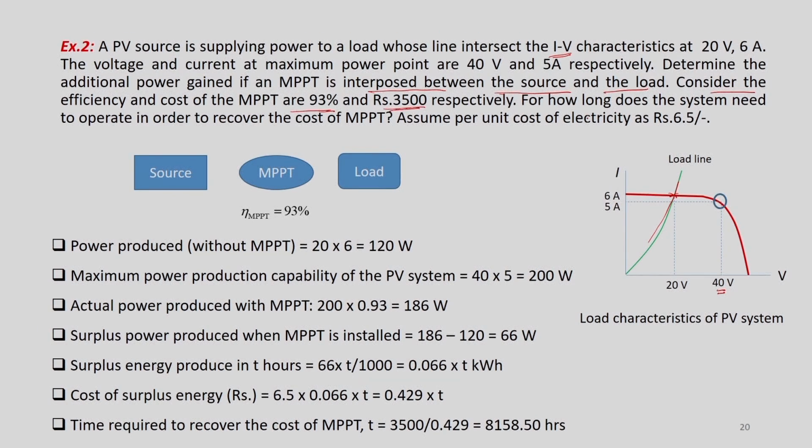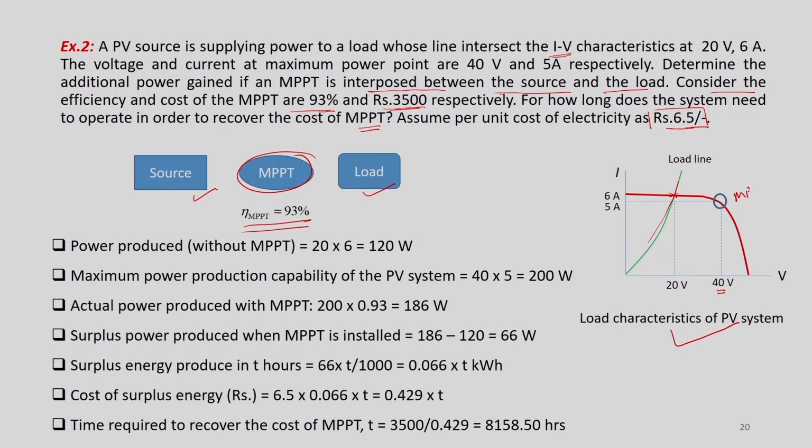We also need to calculate how long the system needs to operate in order to recover the cost of the MPPT. The electricity cost per unit of rupees 6.5 needs to be considered. The configuration is: we have the source, the load, and in between the MPPT with efficiency 93%. Load characteristics are given here and all the values are given. Now, the power produced without MPPT, if we are not imposing any MPPT here.